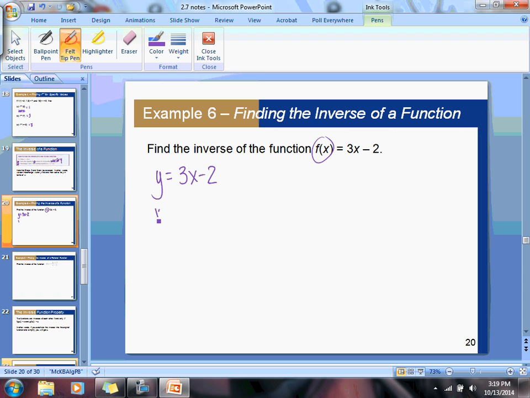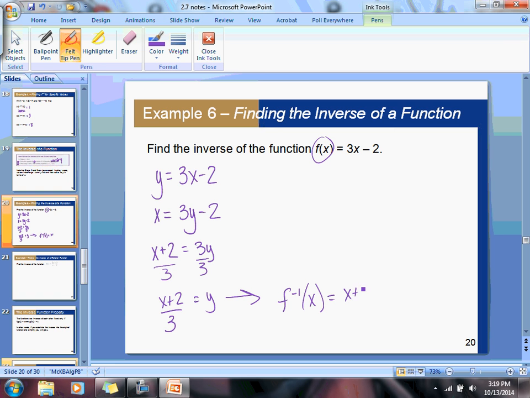So where there's a y, I'm going to put an x, and where there's an x, I'm going to put a y. And now I'm going to solve the equation for y. So I'm going to add the 2 over, and then I'm going to divide everything by 3. So I'll have y equals x plus 2 over 3. Now my very last step is to rewrite it with my function notation again. And since this is my inverse, I'm going to rewrite it in my inverse notation.